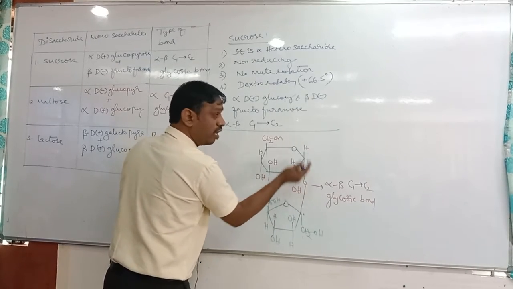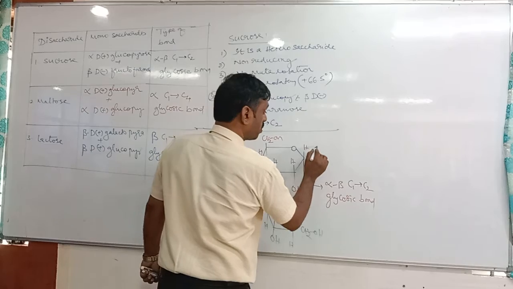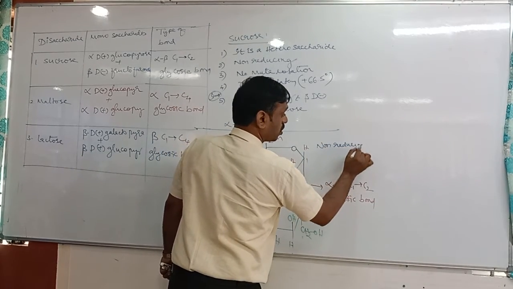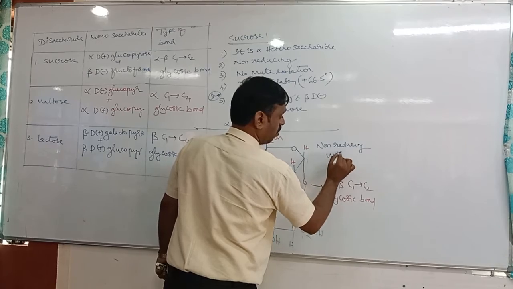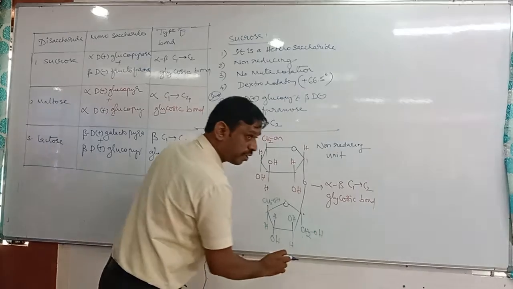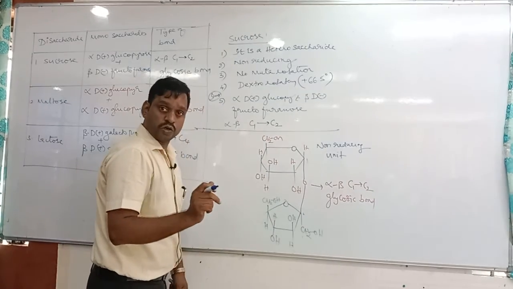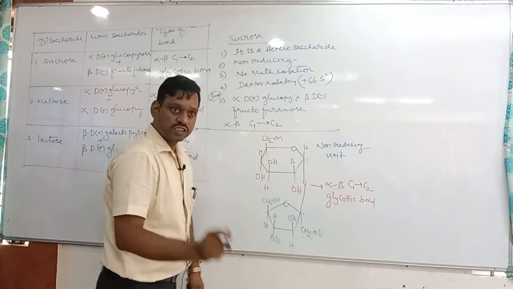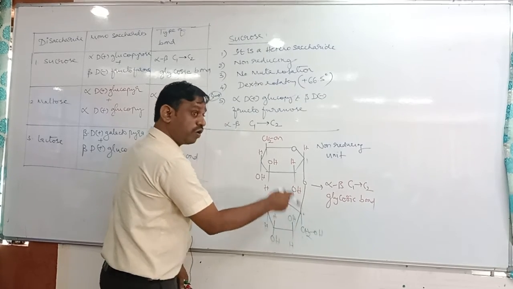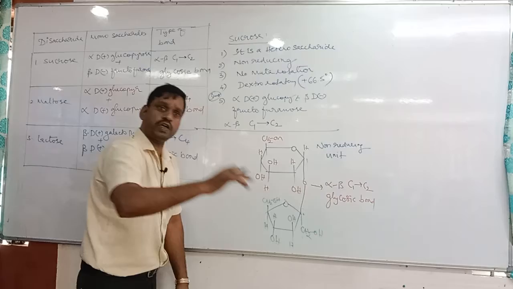It cannot be converted into aldehyde group. Therefore, it is a non-reducing unit of sucrose. Then what about this? Is it a reducing unit? In case of fructose, where was the keto group? Second carbon. If there was a free keto group, it may convert into aldehyde group.